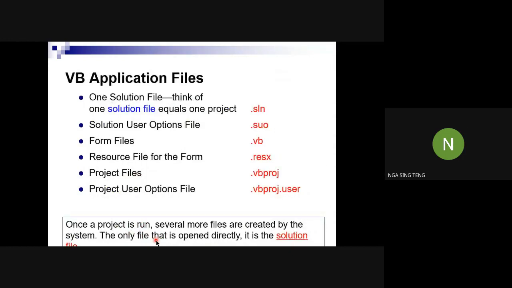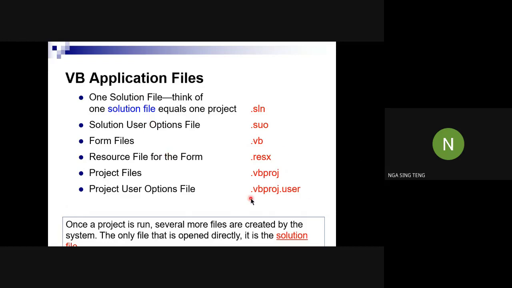For VB applications, think of one solution as equal to one project. After you have run it, all these kinds of files will come out. Once a project is run, several more files are created by the system. The only file that you open directly, once you have the demo file, is the solution file. From the solution file, you can switch forms to run or to debug. Okay. Straight away see the result. I believe you all noticed this as well.